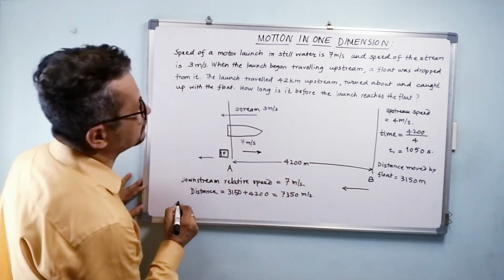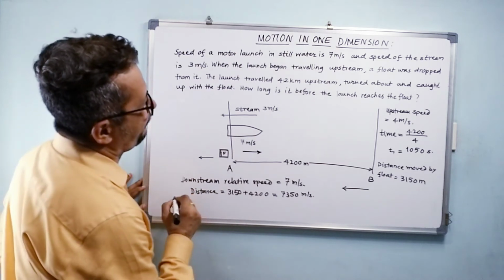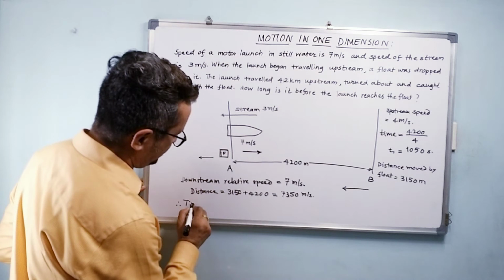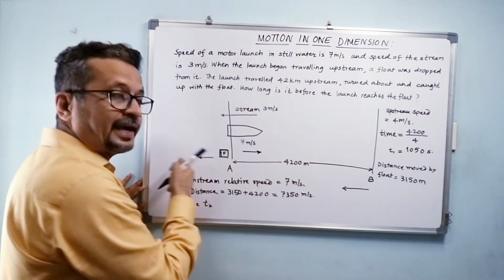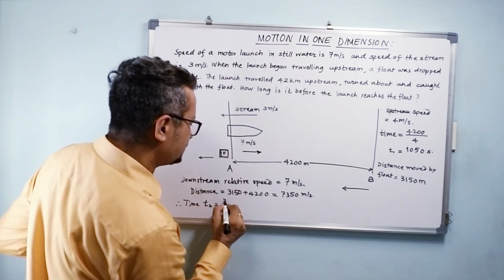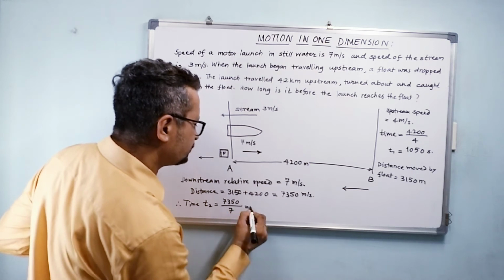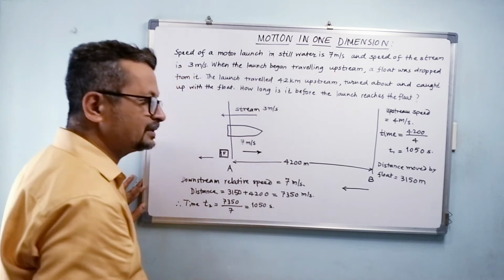Therefore time t2, the time taken from here to catching the float, would be equal to 7350 divided by 7, that would be equal to 1050 again second, correct?